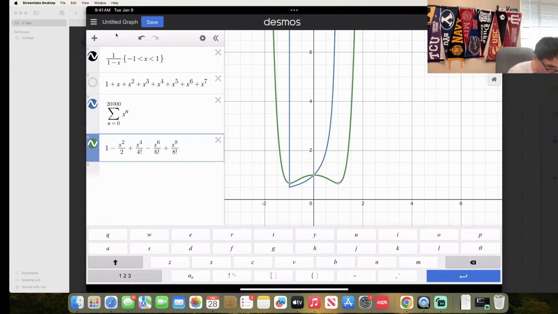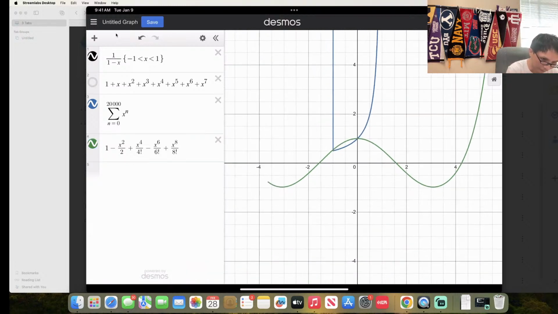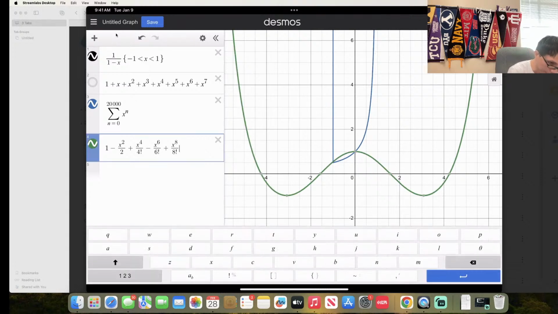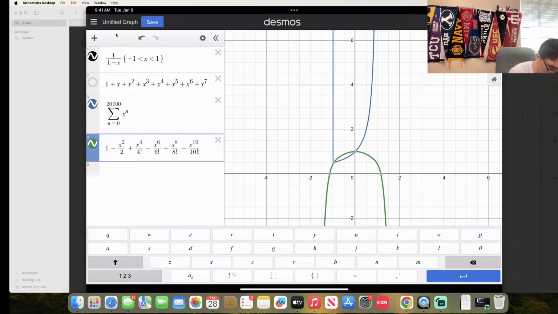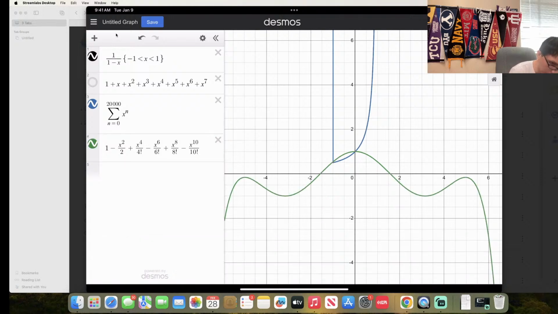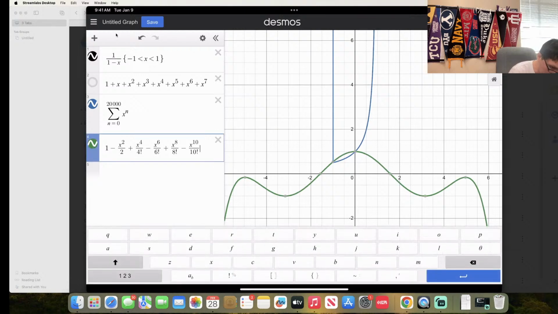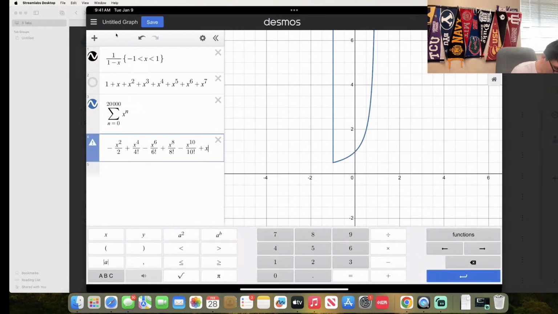But no, it's not making... Minus x to the 10th over 10 factorial. Plus x to the 12th over 12 factorial.